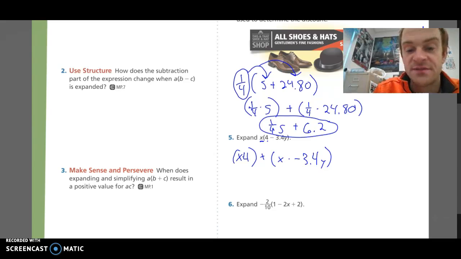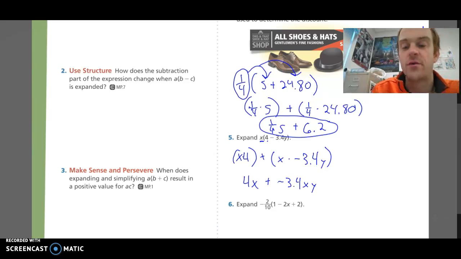So what's x times 4? Well, that's 4x plus what's x times negative 3.4y? Well, that's negative 3.4, and then the x and the y are being multiplied by each other, and so how I show that is I just write both of them there. So x times y gives me xy. So my expression is 4x plus a negative 3.4xy.